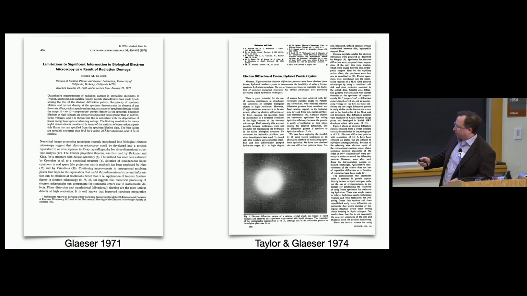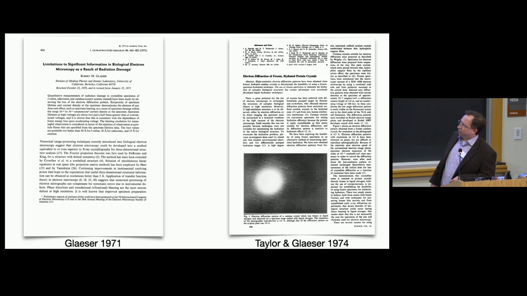This first one here from Bob is a beautiful expression of the problem of our field, which is that as soon as we put any kind of high-energy beam on a biological specimen, it is destroyed. And it's destroyed in interesting ways, but this is the limitation to all of our work.